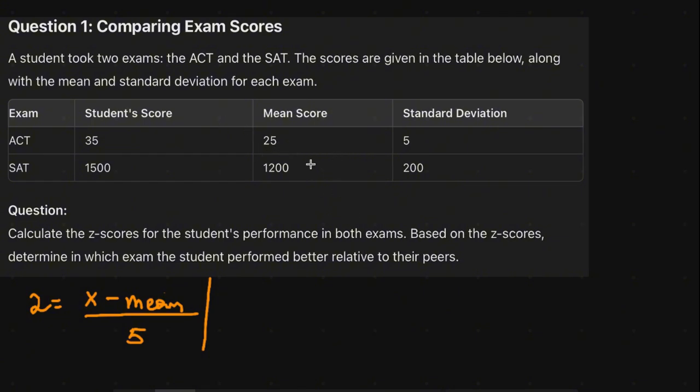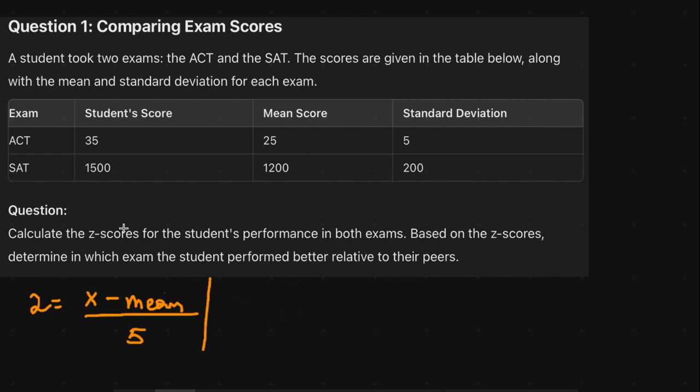But we want to make a conclusion that is legitimate and sound. So what we want to do is find these z-scores, and finding them allows us to compare these two different data sets even though their values are completely different and seem not well suited for comparison.